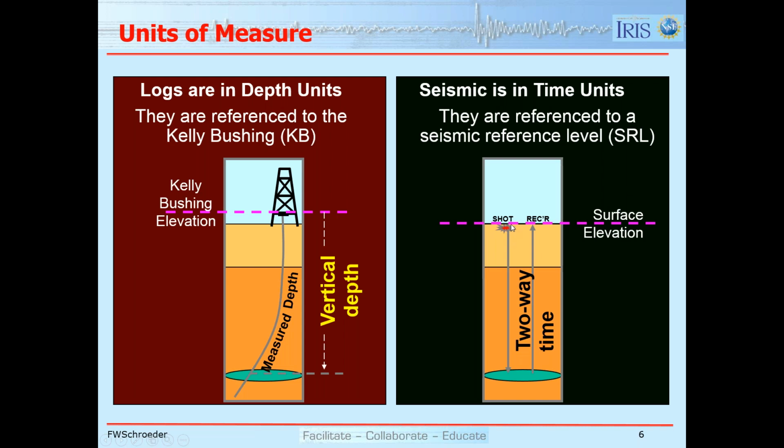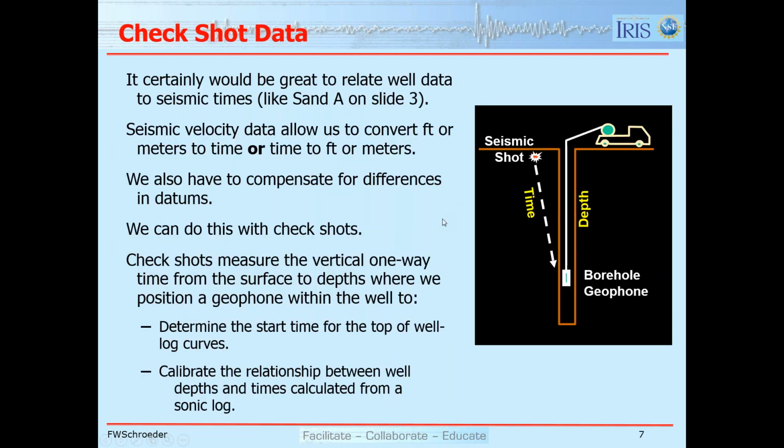But if we're acquiring data near Denver, Colorado, which is at an elevation of 5,200 feet, our reference level might be 5,500 feet or it might be 5,000 feet. It would not be sea level. So we have to remember that the two data sets, the well data set, the seismic data set, may have different reference levels.